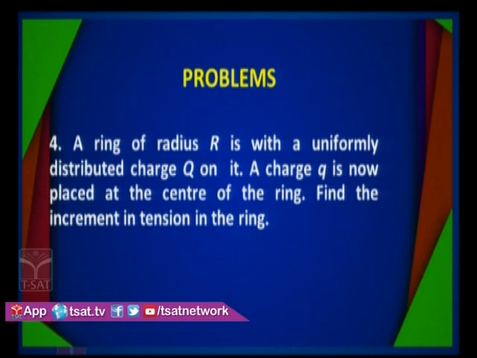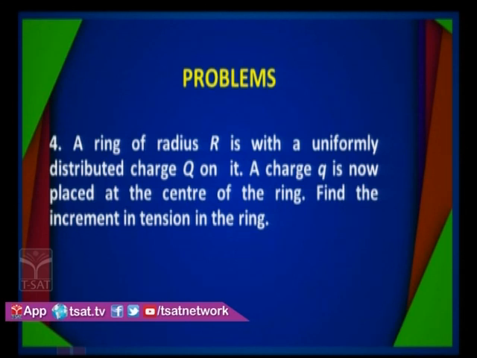A ring of radius R is with a uniform charge distributed, charge capital Q on it. A charge q is now placed at the center of the ring. Find the increment in the tension in the ring.